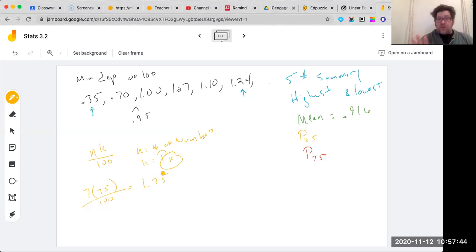Remember, these percentile numbers tell you which number to pick in the list. So 1.75 is closest to 2, which means I'm going to pick this number. P25 is 0.70. And I'm going to do the same thing for P75.